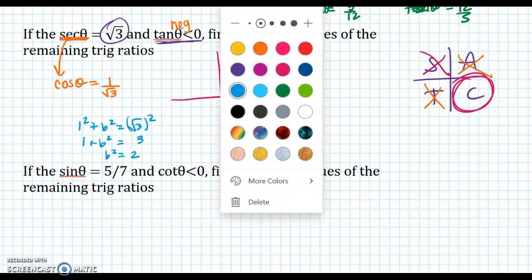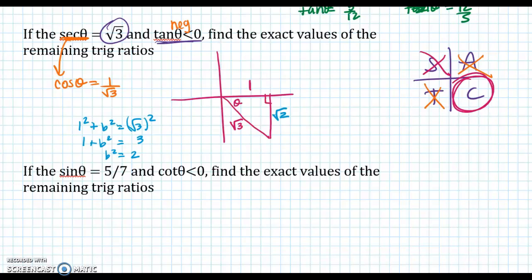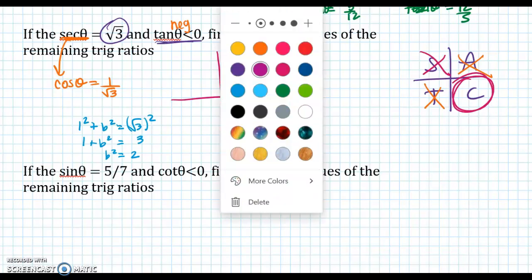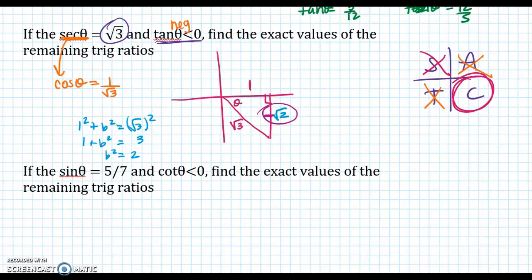And looking at your picture, this square root of 2 would be the y value of the point, which means that this has to be negative. So now we can find our sine, cosine, and tangent.